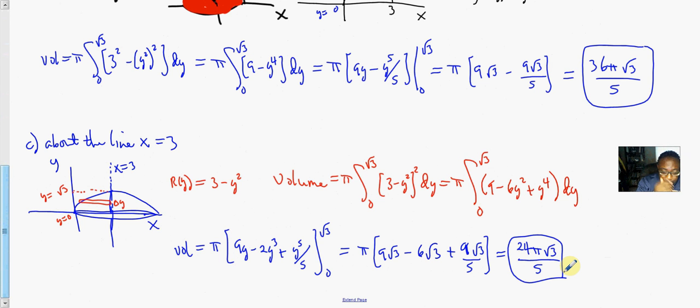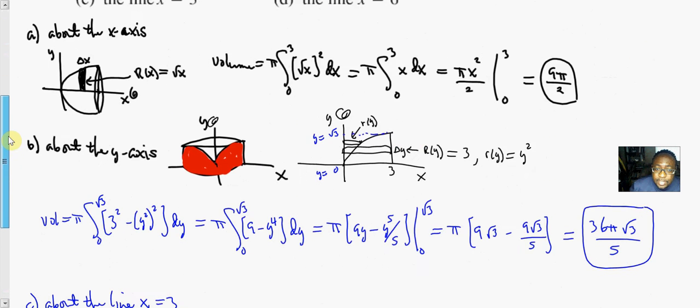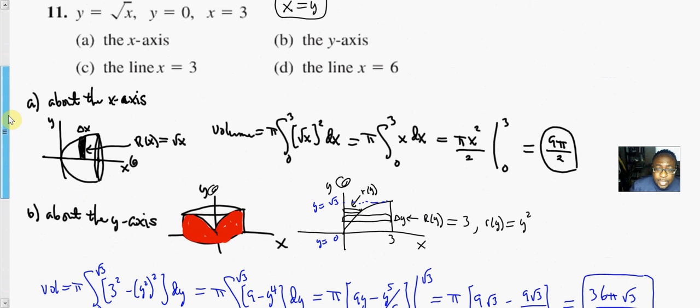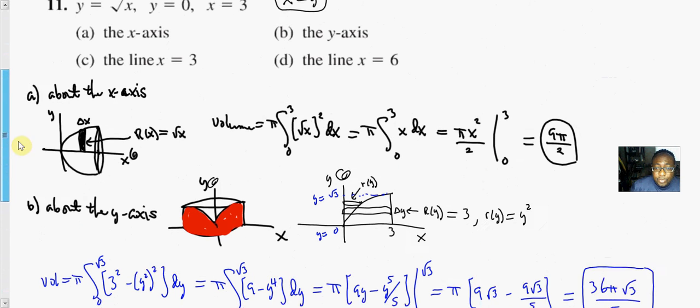Okay. Now part D, let's keep on digging. Part D says to calculate the volume about the line x equal to 6.